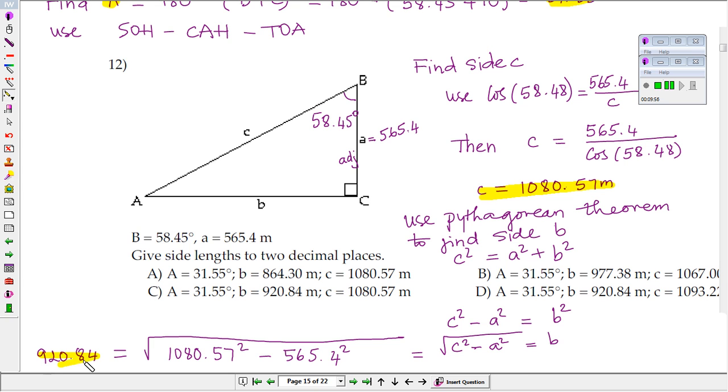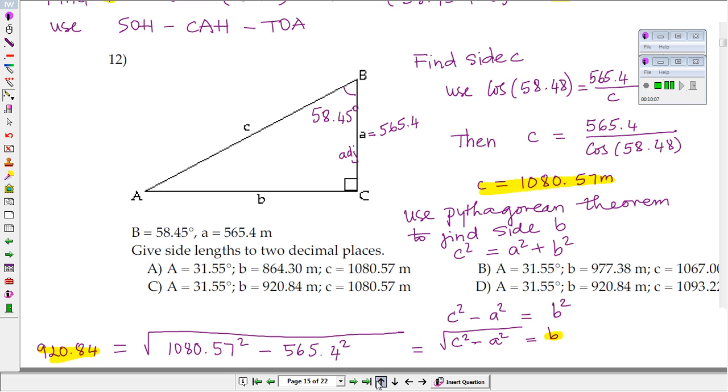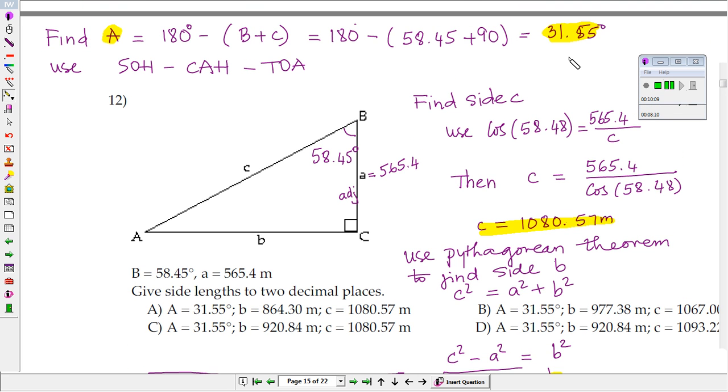Now we found side B is 920.84. We know side C is 1080.57. We also know angle A is 31.55. So therefore our correct answer choice would be option C.